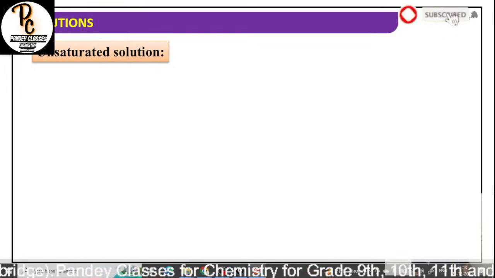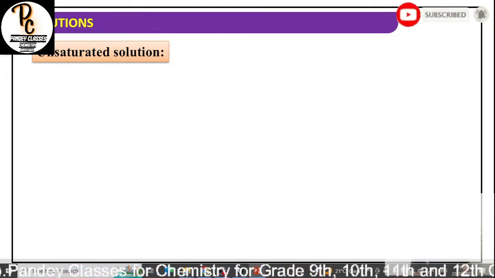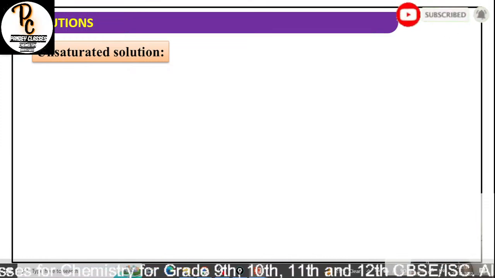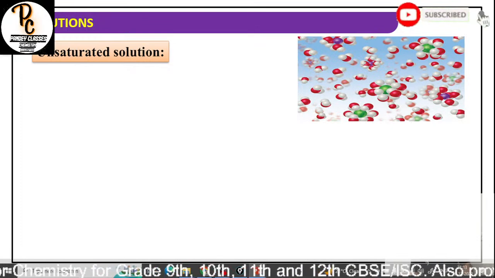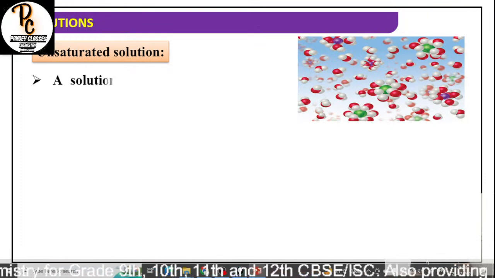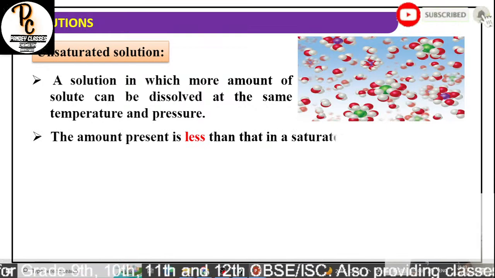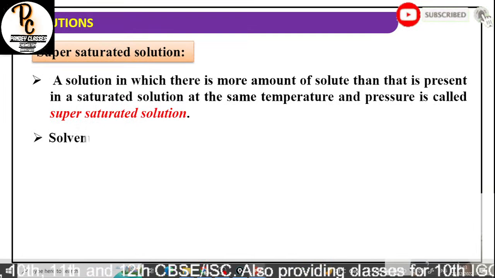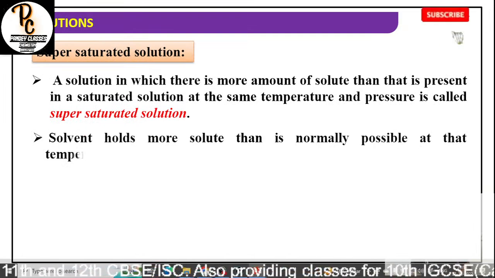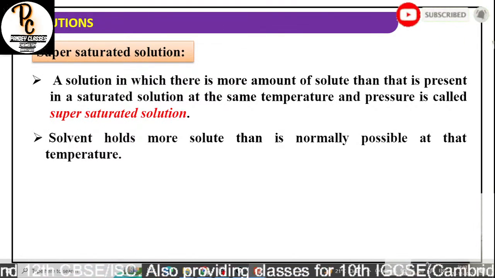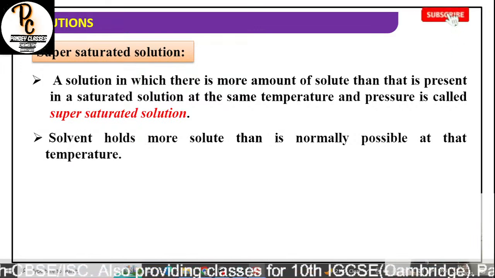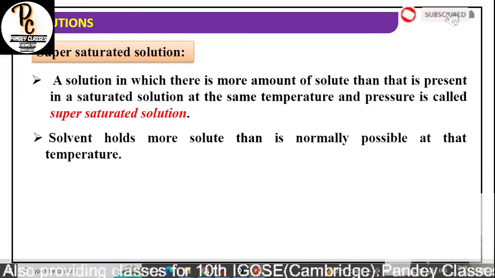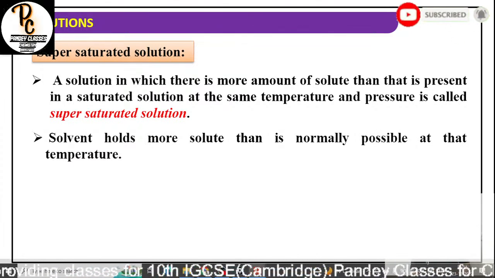Unsaturated solutions are those solutions in which, if a further small amount of solute is added, it gets dissolved. The amount of solute present is less than in saturated solutions. And supersaturated solutions are those which contain more solute than is present in a saturated solution at the same temperature and pressure.